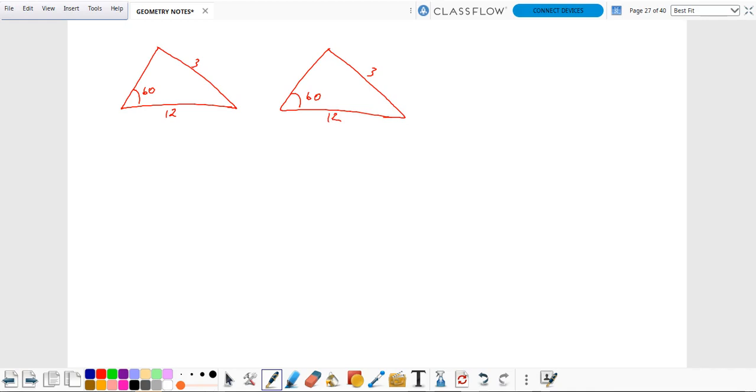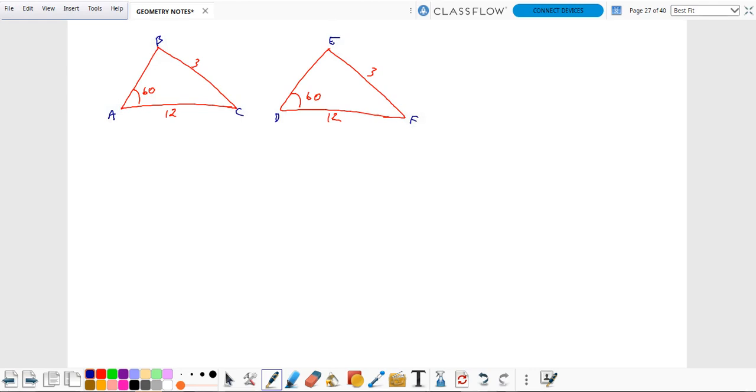This is what you'll do when you actually have to prove if something is congruent. I'm going to call this triangle, and remember they all have to have labels and names, so this can be A, B, C, and this can be D, E, and F.